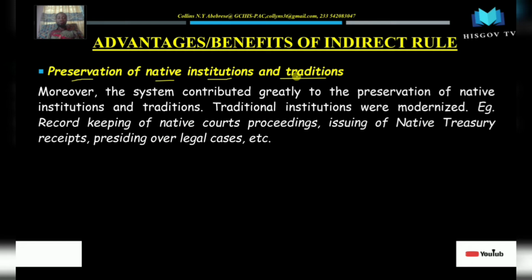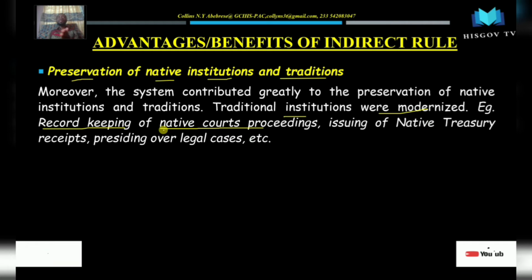One thing that they also did for the native institution that I really love about was that they introduced a modernized way of administration. And this modernized way of administration was, for example, they aided the traditional leaders to keep records. So, keeping records of native court proceedings.